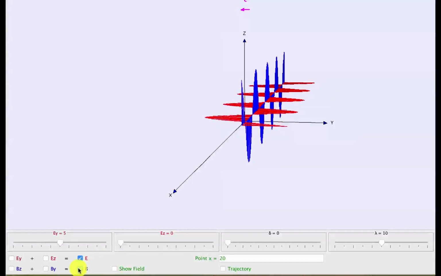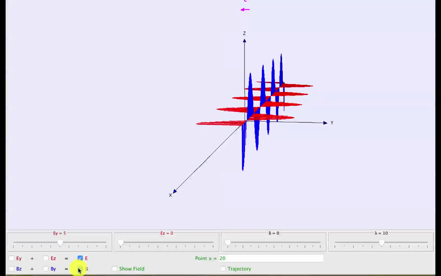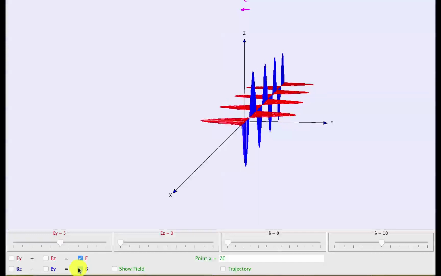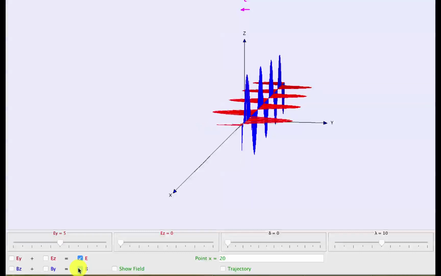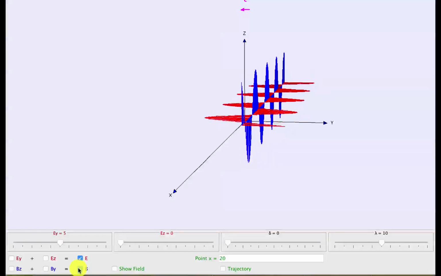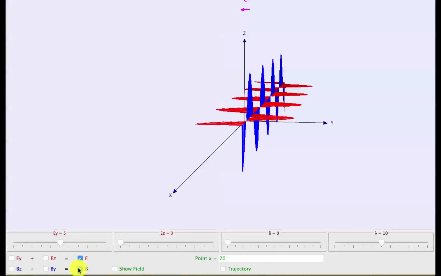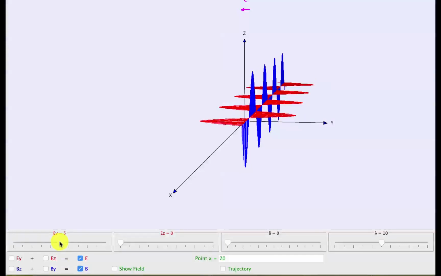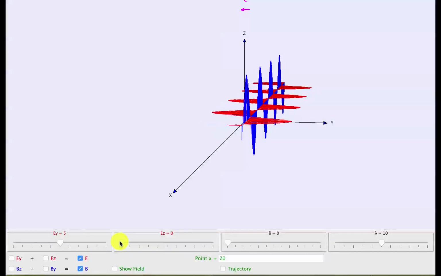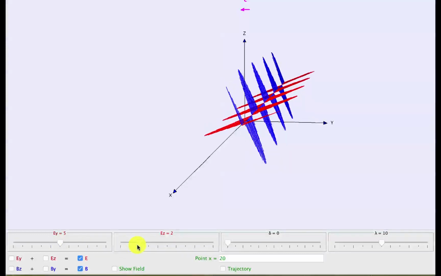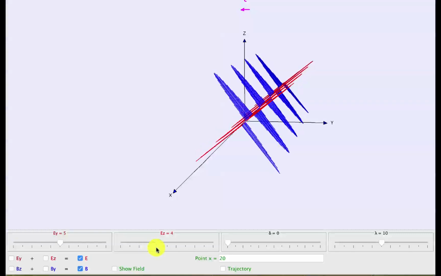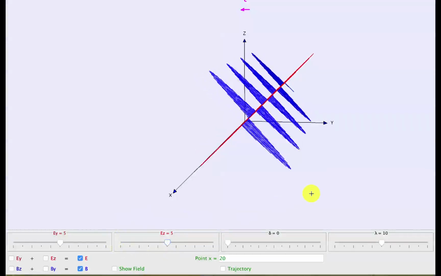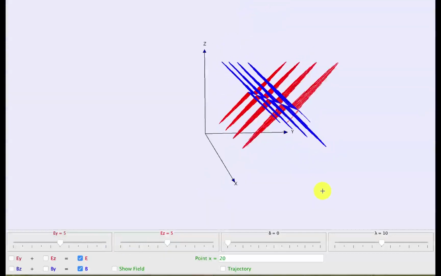Okay, so if I look at the magnetic field, it always has to be perpendicular to the electric field, no matter which direction the electric field is pointing in, and both of them have to be perpendicular to the direction of travel. And now you can see that if I change the electric field polarization, its relative strength there, then the magnetic field simply follows it.